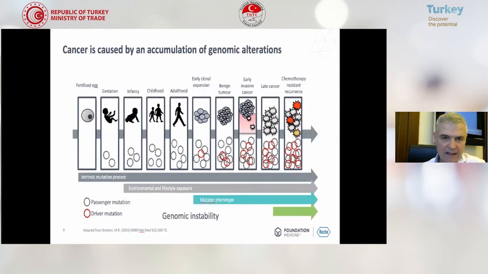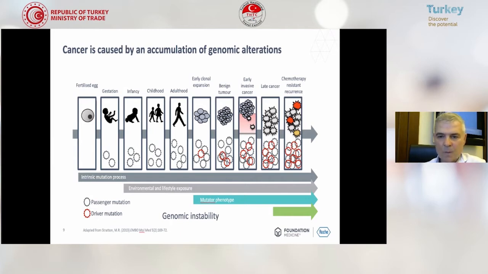So cancer is a dynamic phenomenon. It is caused by accumulation of genomic alterations. It starts with a fertilized egg, continues with gestation, infancy, and then ultimately a lot of mutations accumulate.